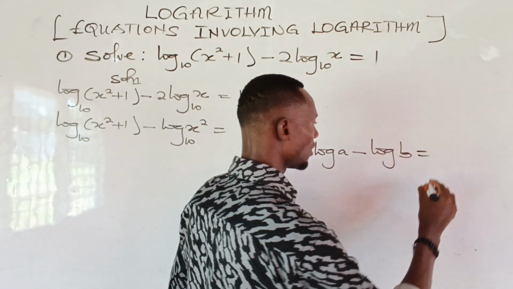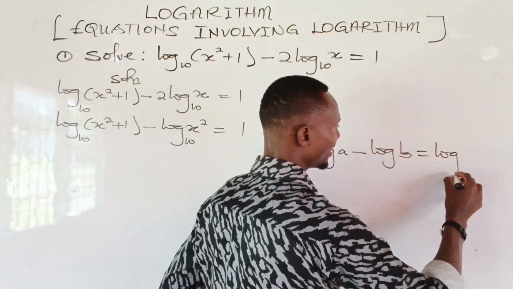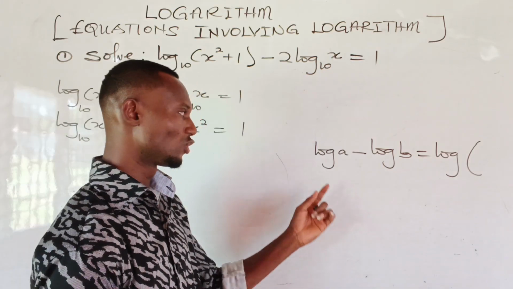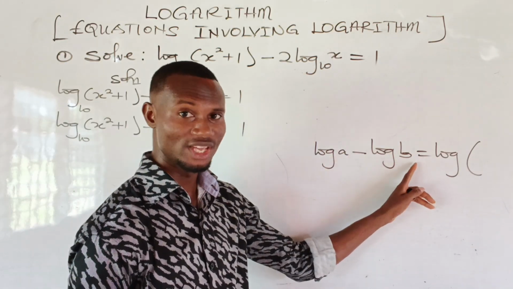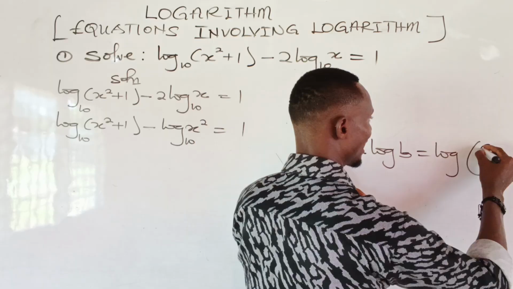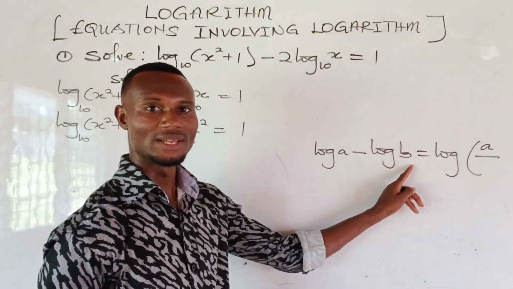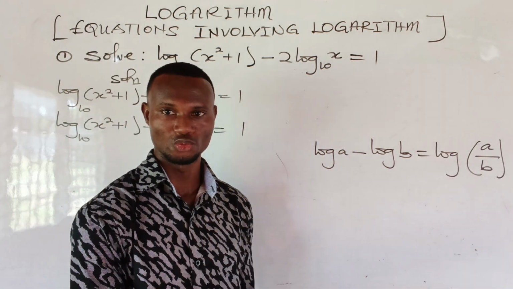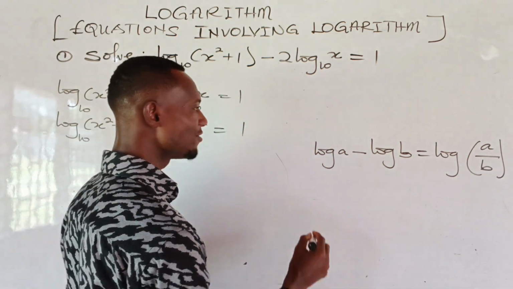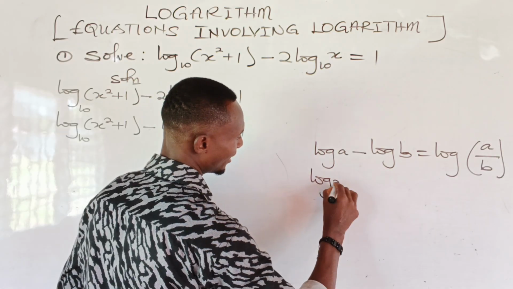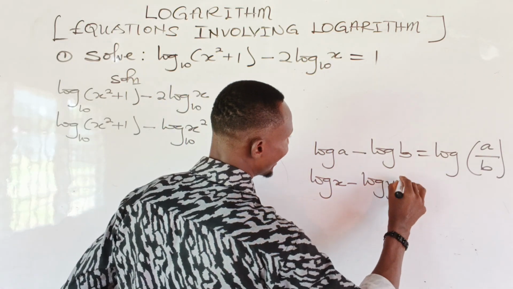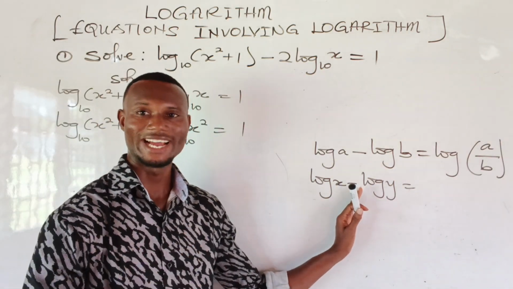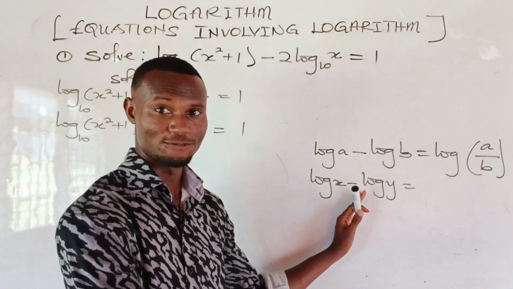The law says that just write your log, then you divide the variables or the numbers. Here we are dealing with variables, a and b. So the a becomes your numerator over the b, which becomes your denominator, and that is the quotient rule. I hope you understand. If I have, let's say, log s minus log y, the rule says that immediately you see a subtraction sign like this, we can express it in division form.